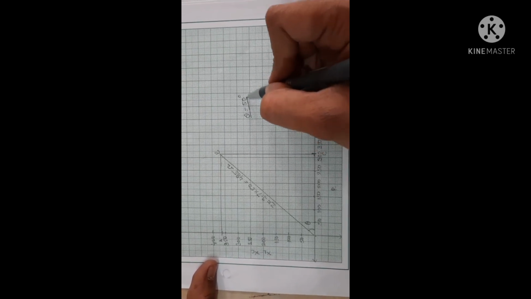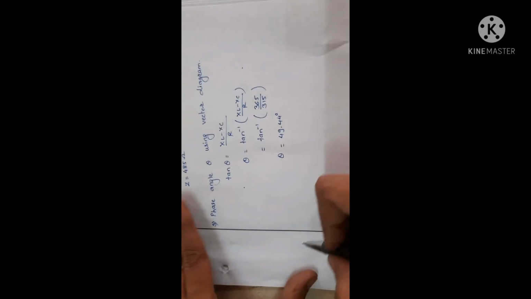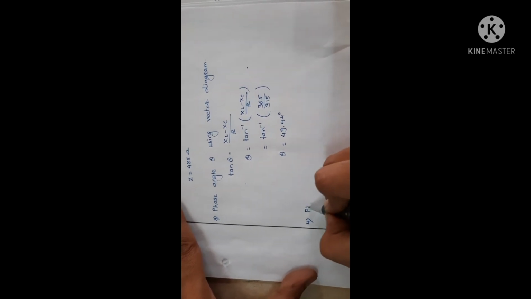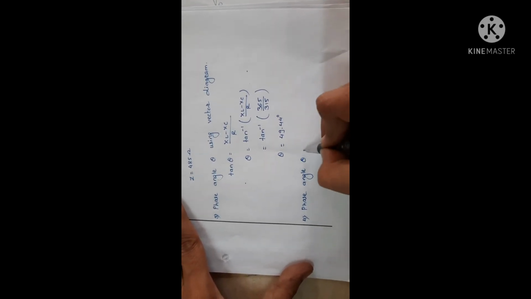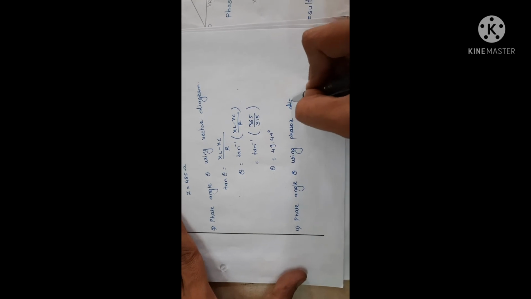We measured this value with the help of a protractor. So the phase angle theta using the phasor diagram is theta equal to 50 degrees.